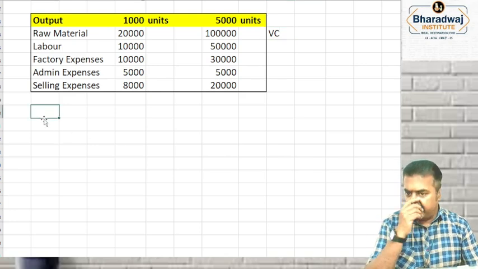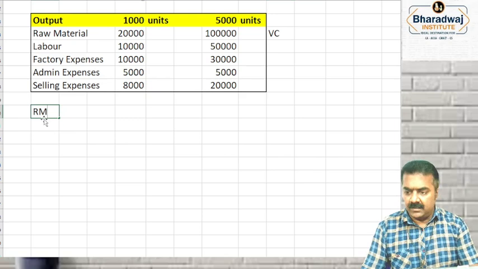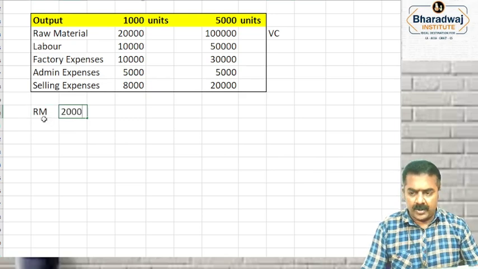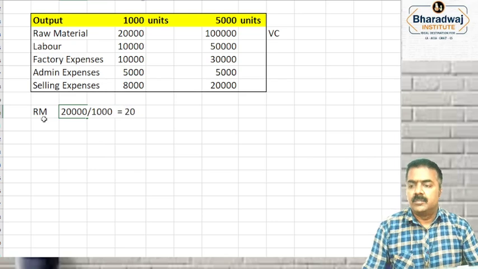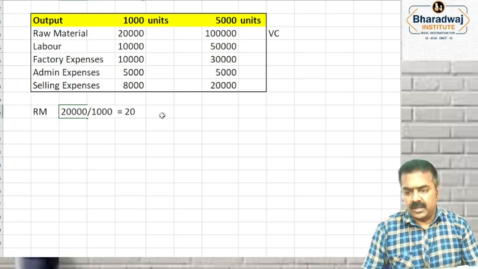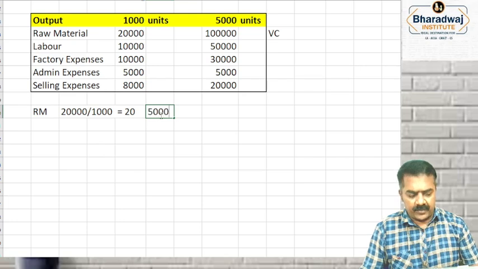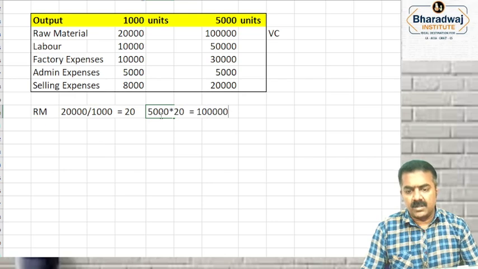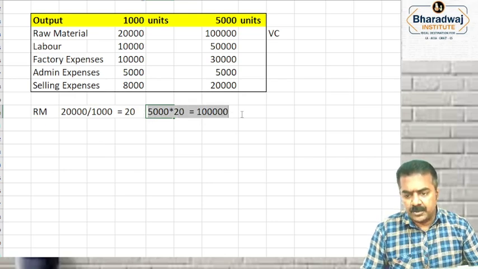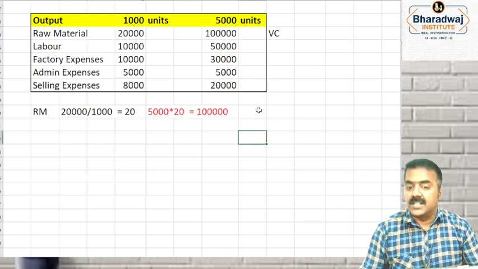Okay. So you can find that raw material changed 5 times. 20,000 divided by 1,000. What is the per unit cost? 20. Per unit cost 20. So if you multiply 5,000 into 20, it will give us 1 lakh. So it proportionately changes with output.